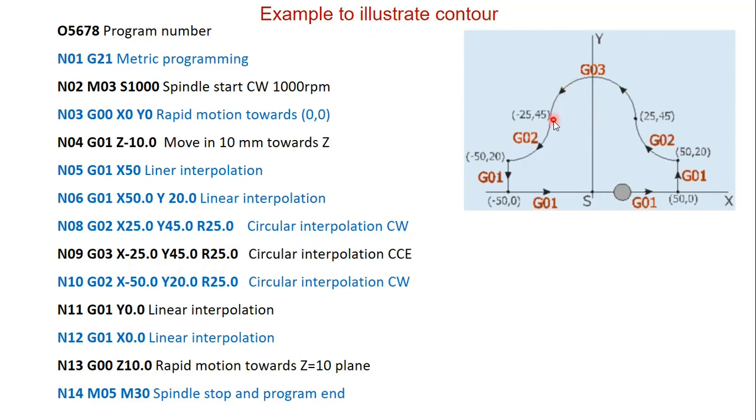So like this, again we have to continue one more, and then again linear interpolation, that is here, and then I have to reach my original point, that is S. And once I reach here, the tool has to come up, so at a distance of 10 mm above the workpiece, and then we rapidly move, and then we can stop the operation using M05 and the program end M30. Okay, so hope with this you are able to understand what G01, 02 and 03 mean.